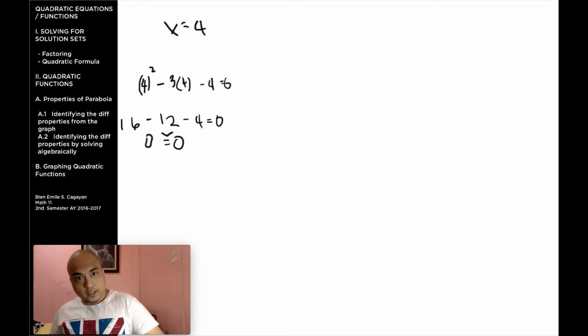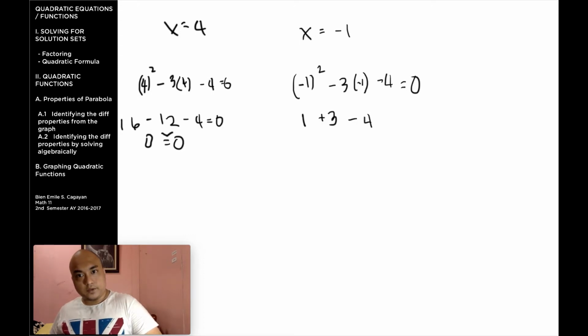Now we have to check the other value, which is x equals negative 1. Negative 1 squared minus 3 times negative 1 minus 4 should be equal to 0. Negative 1 squared is 1. Negative 3 times negative 1 is positive 3, minus 4, and it should equate to 0.